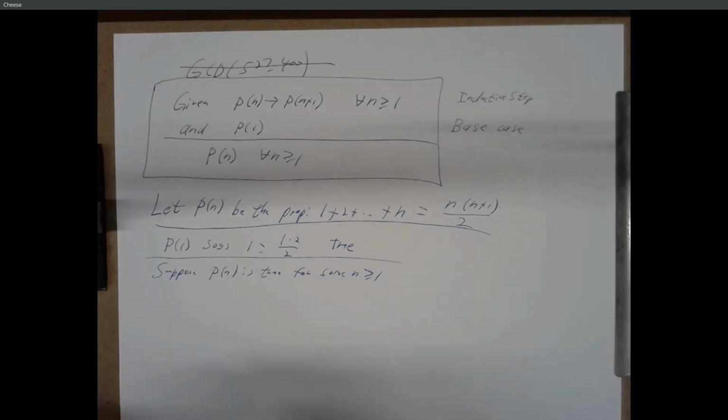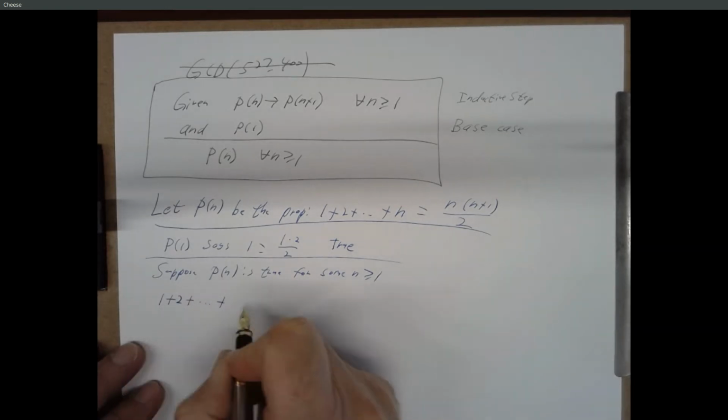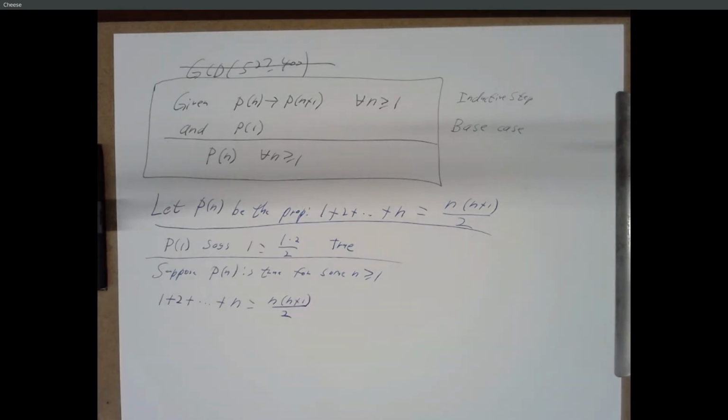Okay, if P of n is true, that means that the following is also true. All right, because that's what P of n says. When I have two expressions that are equal to each other, I can do things to both sides and maintain that equality. I can add 5 to both sides, I can multiply both sides by 3, I can do stuff as long as I do it to both sides.